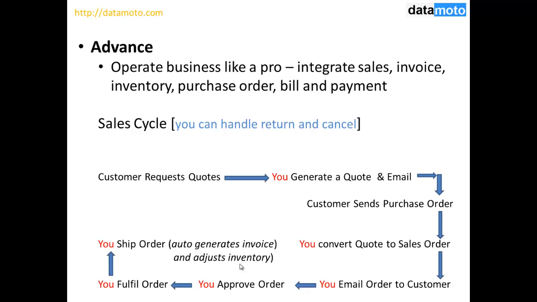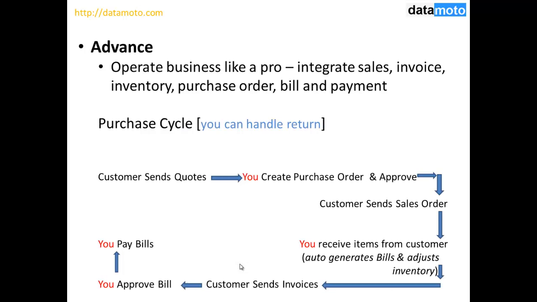Or if the goods are scrapped, if goods are not in a condition to sell again, it will not add those goods in the inventory. So these things are all taken care of in the sales cycle, like return and cancel. You can do very easily, and your inventory and your invoice and accounts are all adjusted as you go.